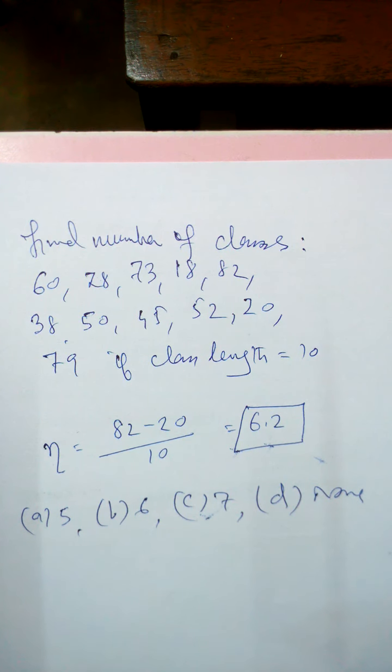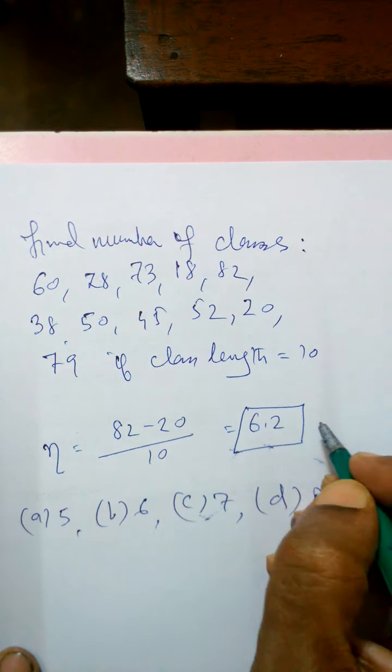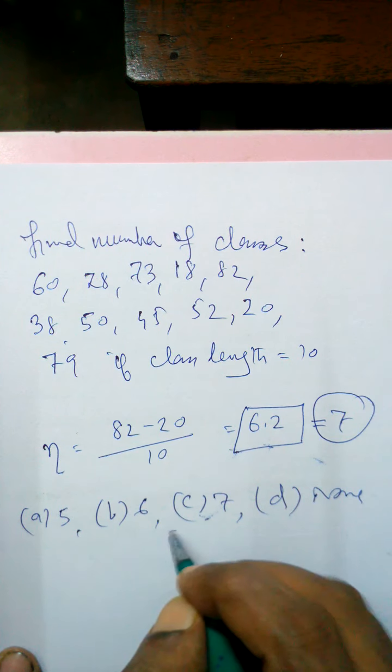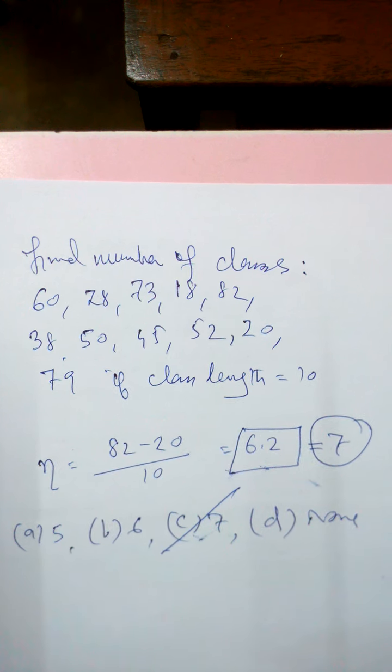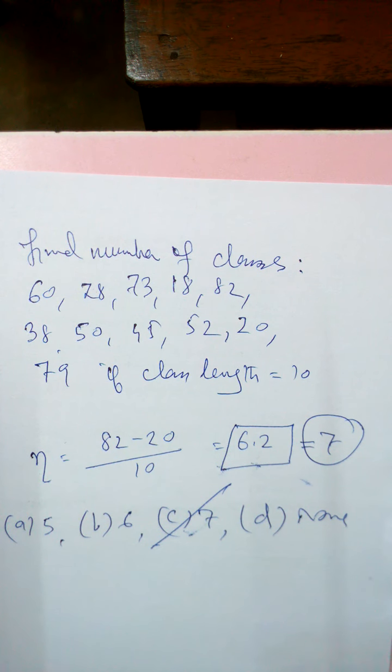So the number of classes will not be 6.2, will not be 6, it will be 7. Why 7? In normal mathematical approximation 6.2 is not rounded to 7, but since it is a statistical requirement, we take the next figure. That is all about how many classes we will take.